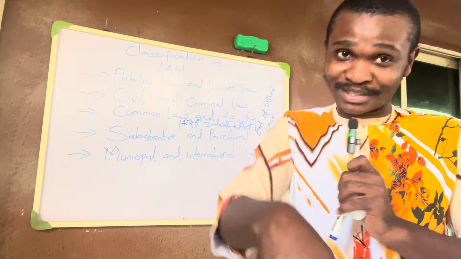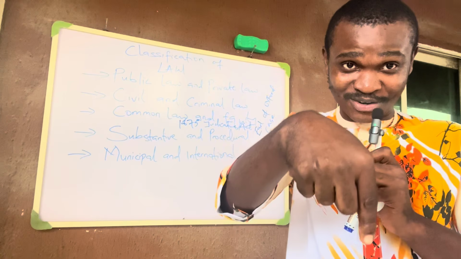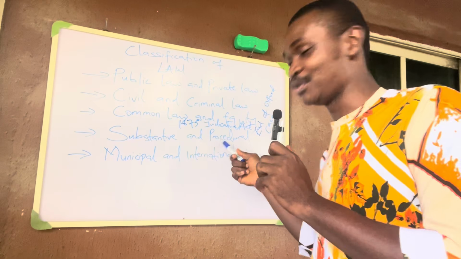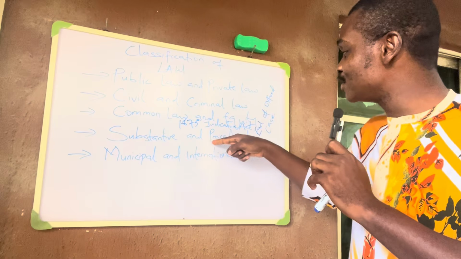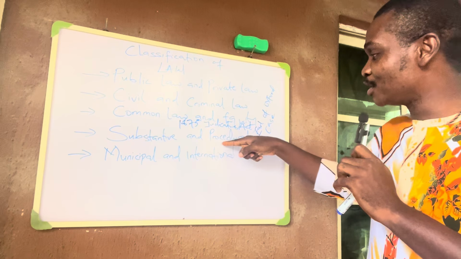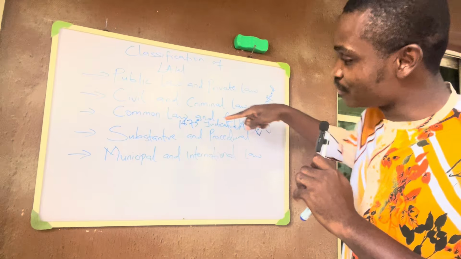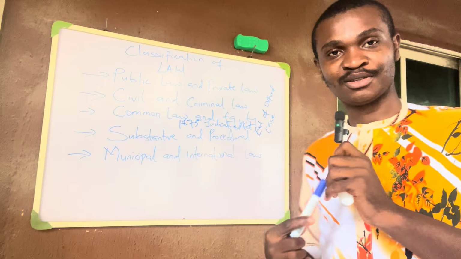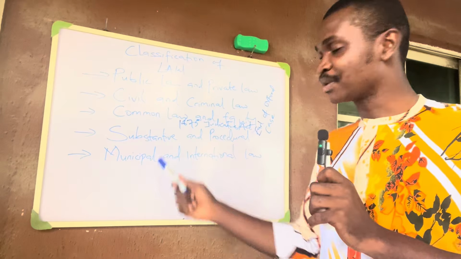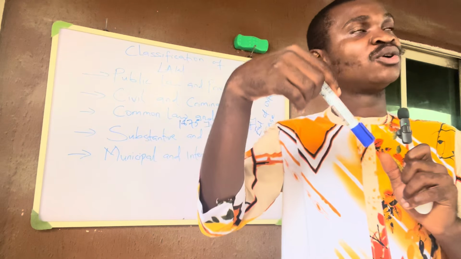That thing that will happen if you go against the law is now procedural law. Procedural law is a body of rules made to enforce the substantive law.